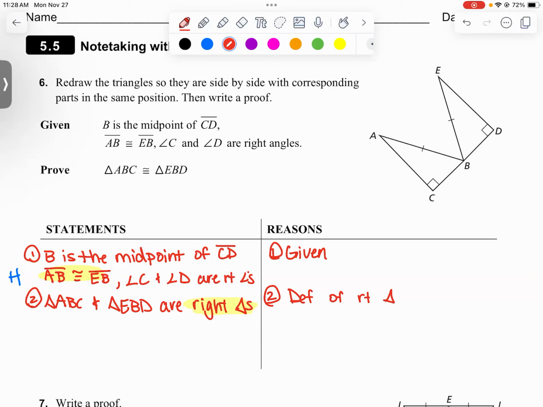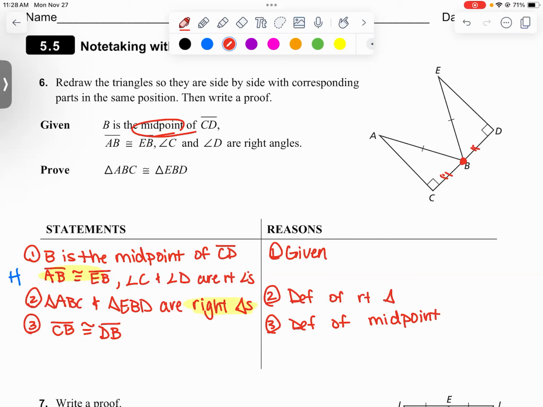All right. Now we need legs that are congruent. Can we say something about legs being congruent? CD. Ooh, how do you figure? Definition. Okay, so we have a midpoint, right? So definition of midpoint. Does a bisector have to be like a straight line?